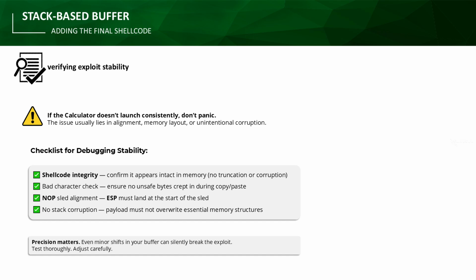Verify that ESP lands precisely at the start of the NOP sled, allowing a clean slide into the payload. Double-check that your payload doesn't accidentally overwrite critical stack structures, which could lead to instability or premature crashes. Stability comes down to precision. Even minor shifts in the buffer layout can break execution, so test thoroughly and adjust as needed.